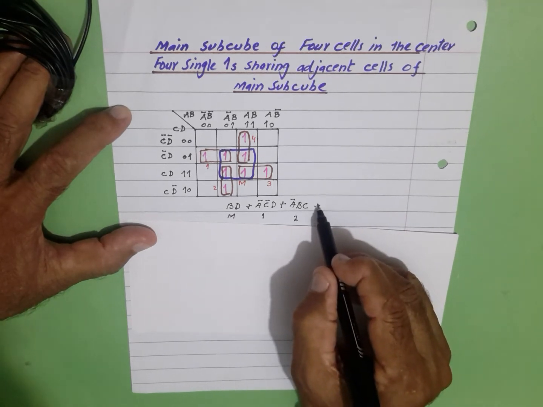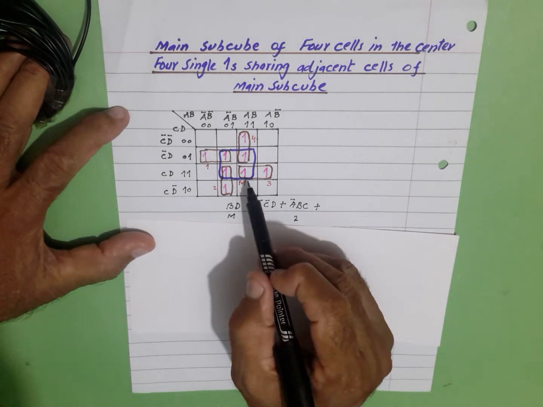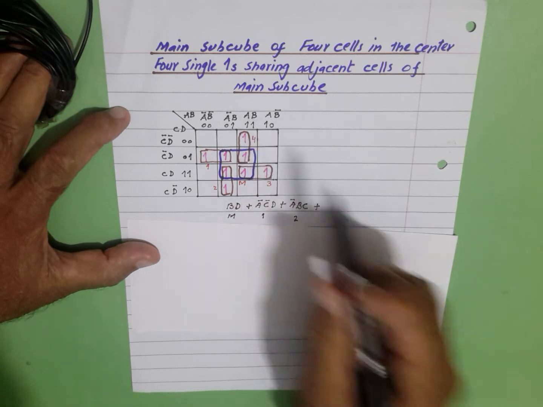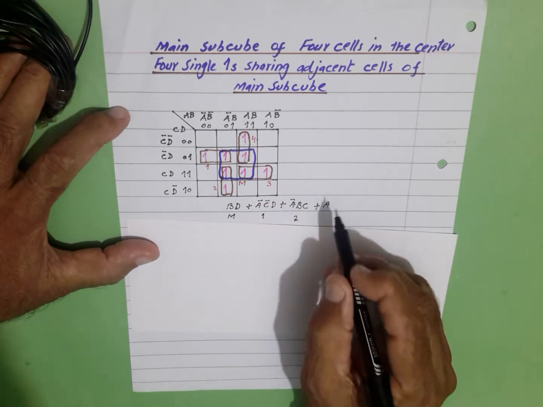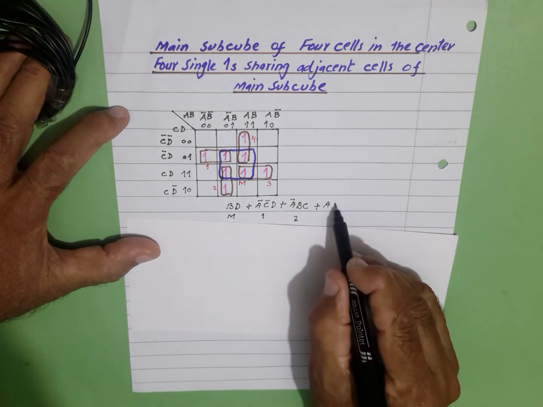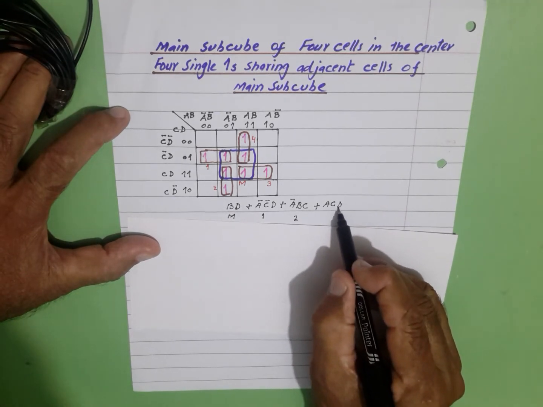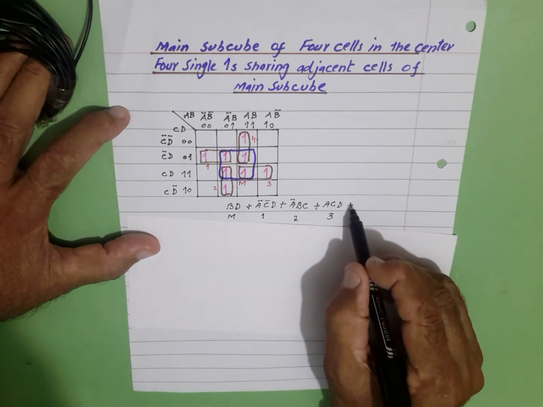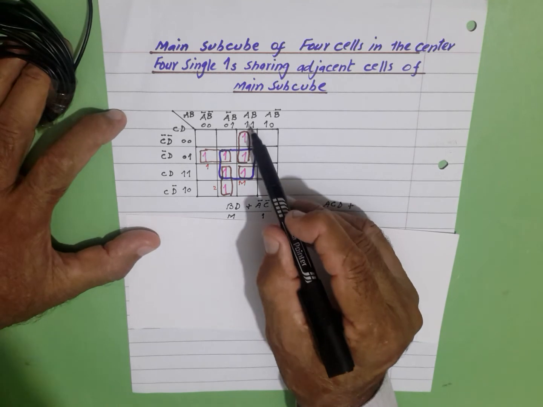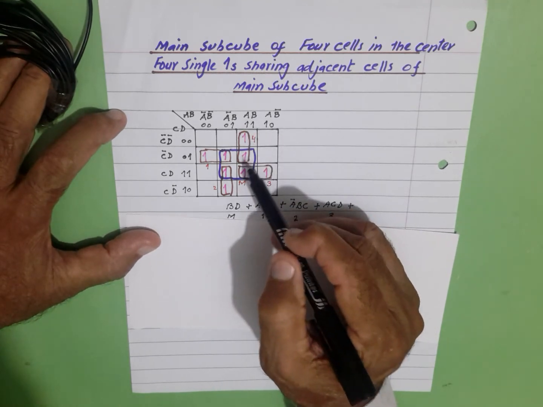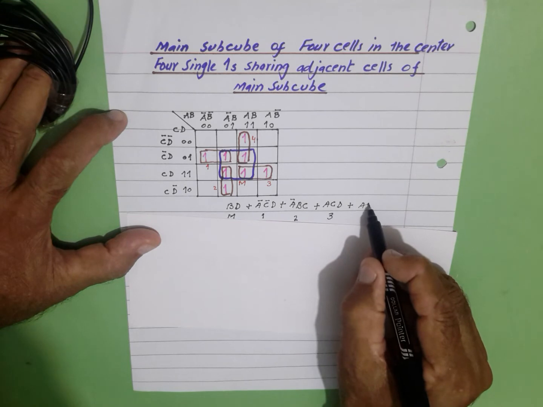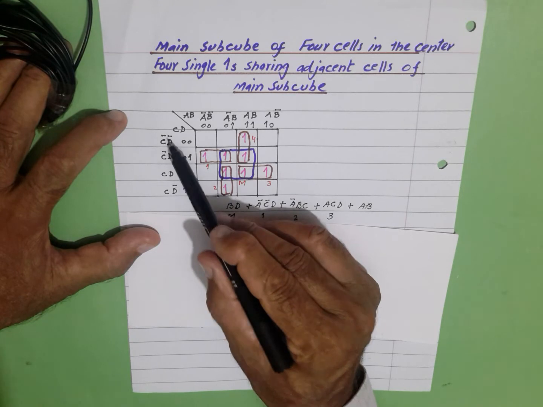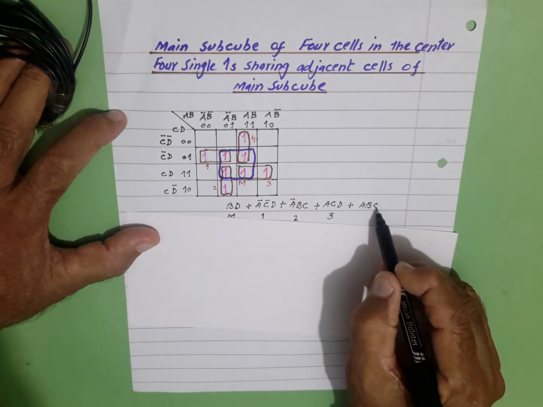Second loop. For the third, the equation is, we look in the vertical columns from this column to this column. B is changing but A is constant, we write A. Horizontally it is C, D. It is loop 3, this one. For the fourth one, it is this, and vertically it is AB, and horizontally C bar is not changing, we write C bar.